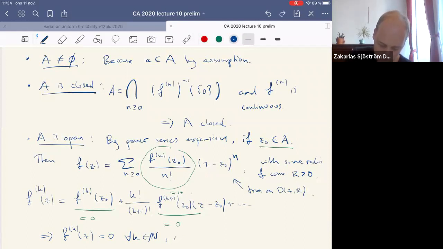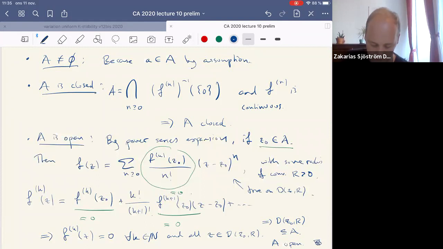and this is true for all z in this small open disk of radius r around z0, and this implies that this disk is then contained inside A. So A is open, because for any point z0 in A, we could find a small disk which was also inside.